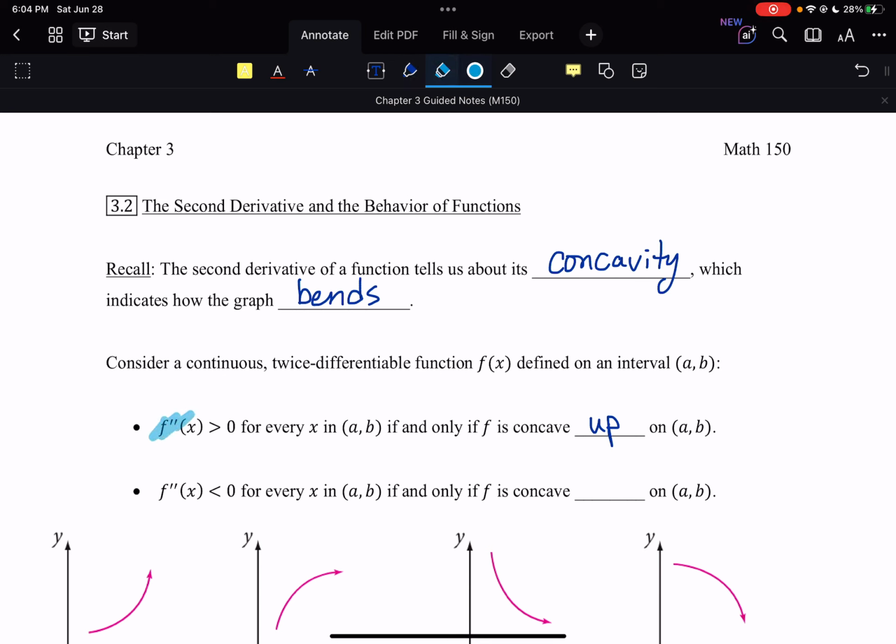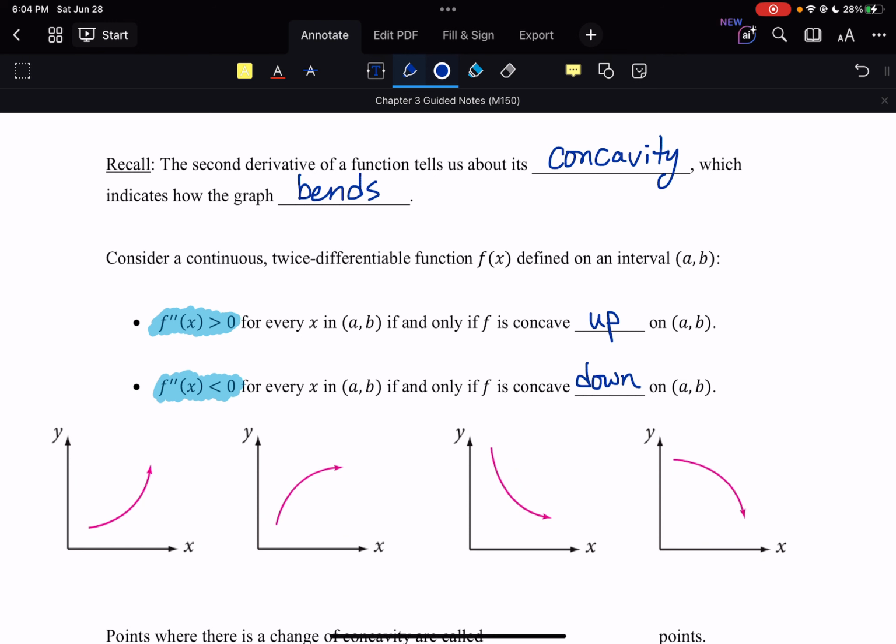So if we have a positive second derivative for every x on that interval, then we have a graph that is concave up. If on the flip side we have a second derivative that is negative for every x on the interval, then that means that f is concave down on (a, b).